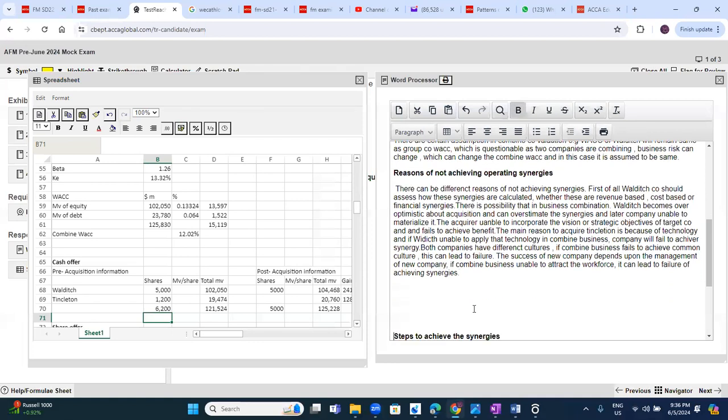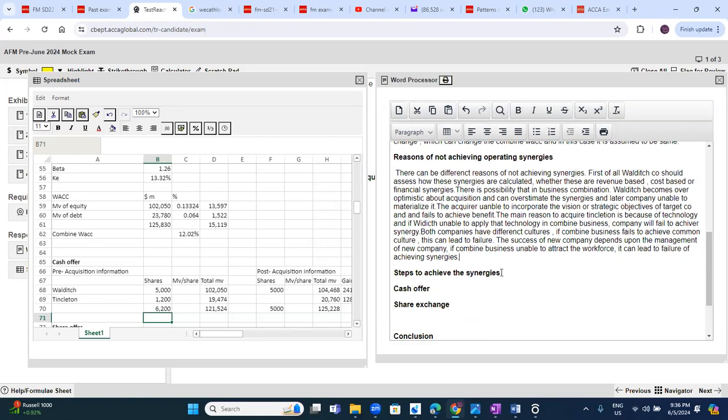Then you will write the steps to achieve the synergy. There can be different steps. Number one step, we should do the proper due diligence. We should make a roadmap. We should make a strategic objective of how to achieve these synergies. We should make a flexible plan in which acquirer management and the target company management both will work to achieve the synergies.